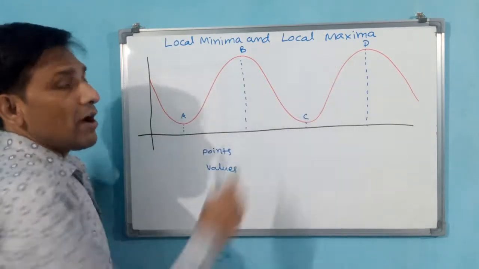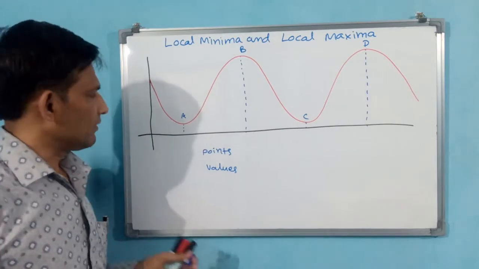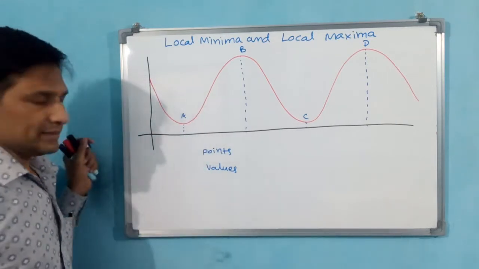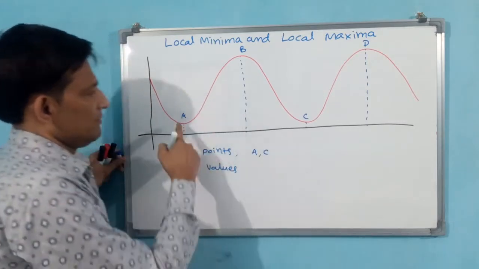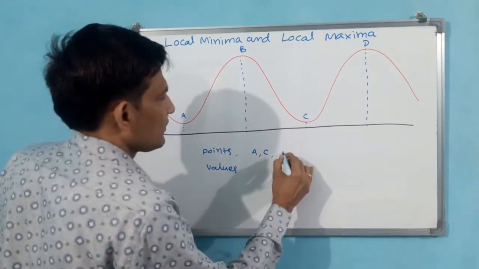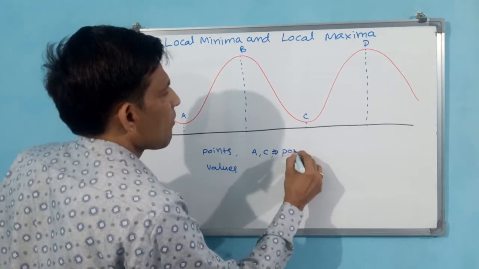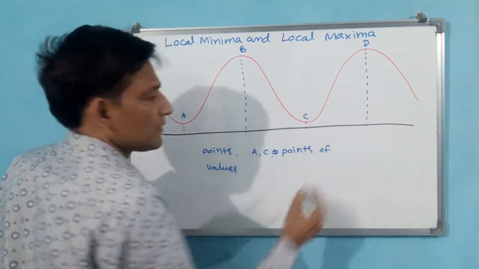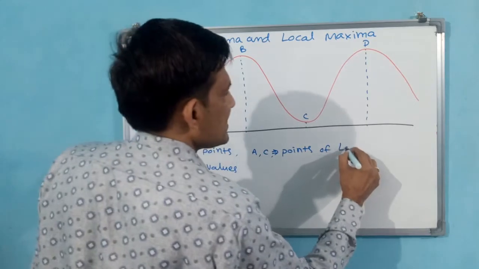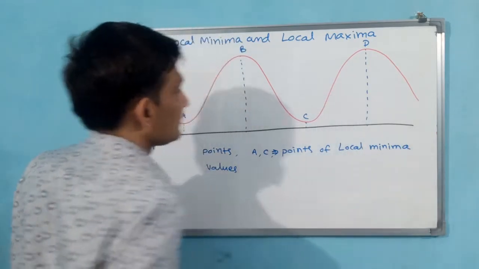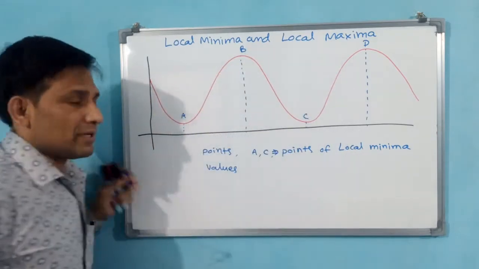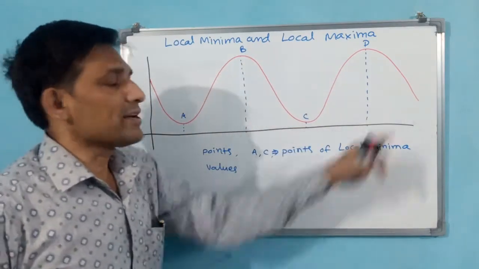A, B, C, D are points. A and C are points of local minima.